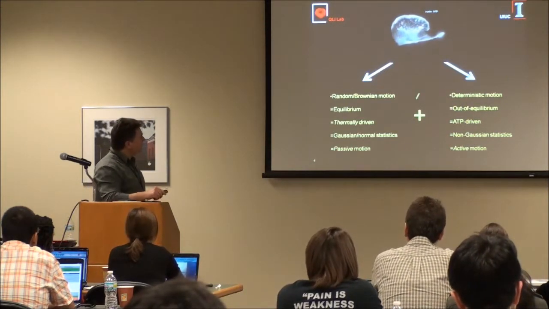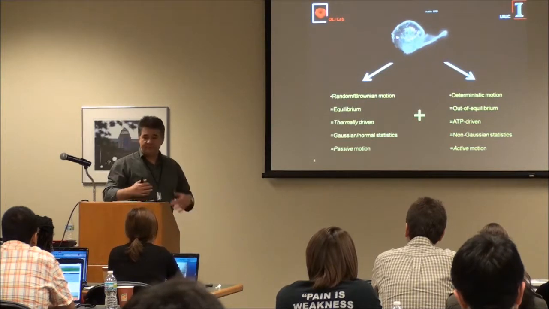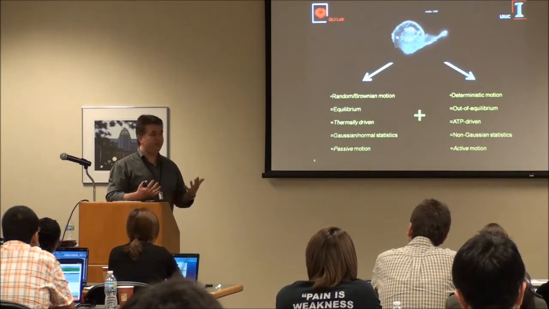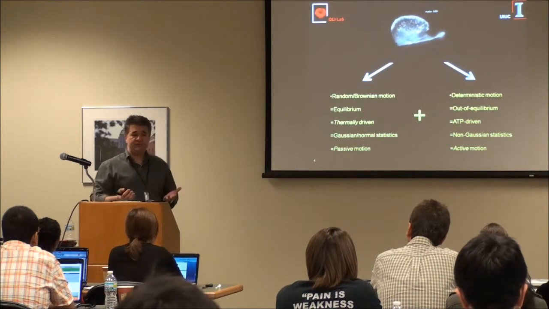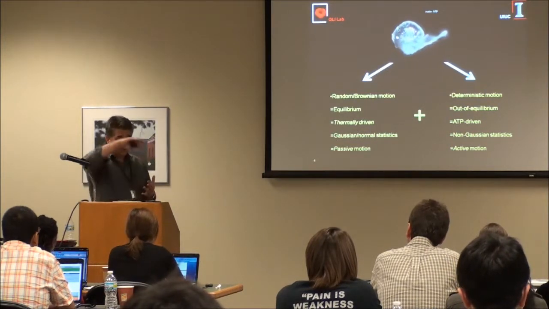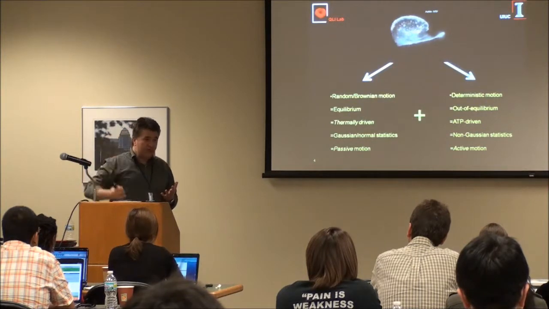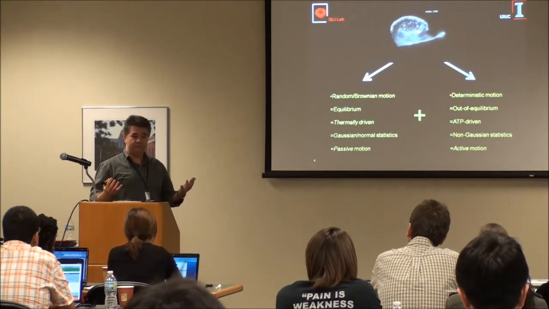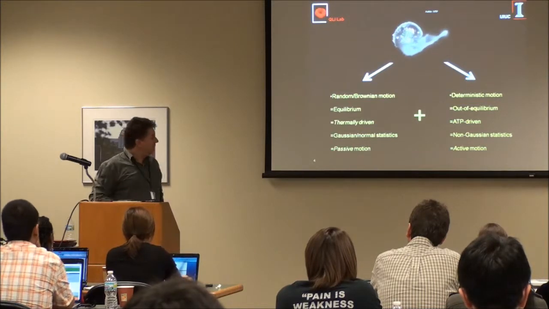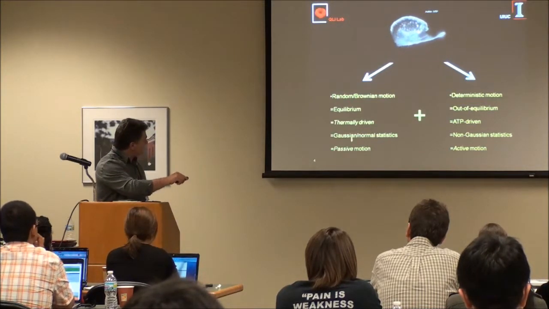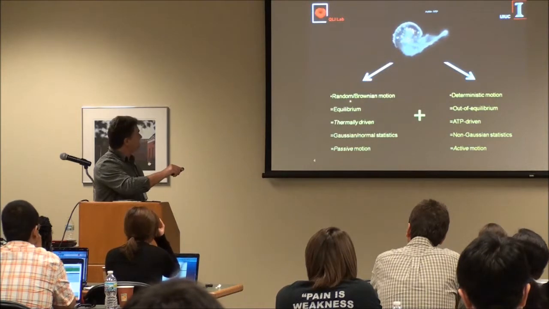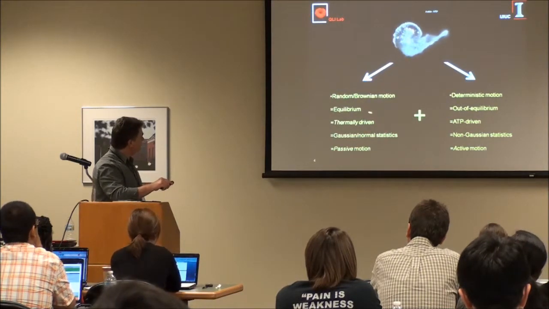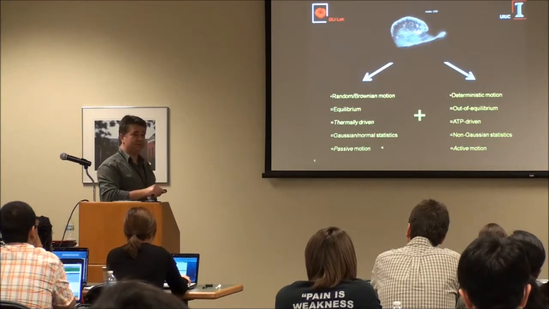But at the same time, we expect that there is a second class of motions that are not due to thermal equilibrium, that are due to the fact, in a way, that the cell is alive. And because the cell is consuming energy, that means it's in an out of equilibrium state. Okay? So synonyms for random motion are equilibrium, thermally driven, Gaussian statistics.